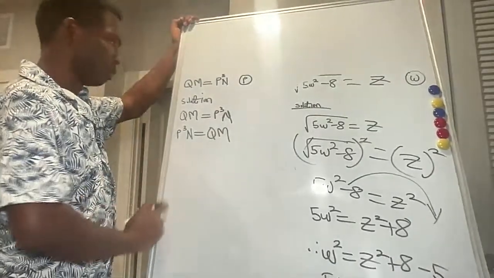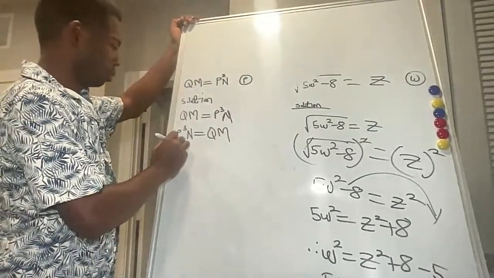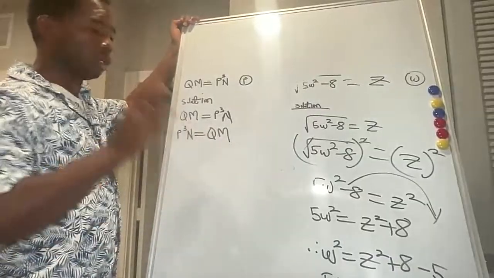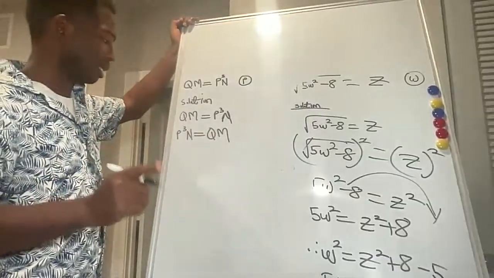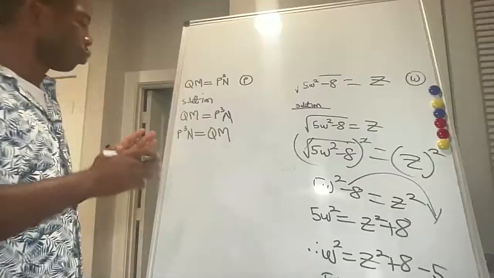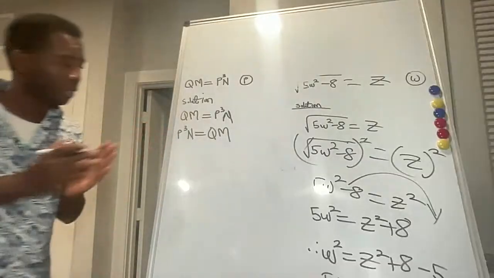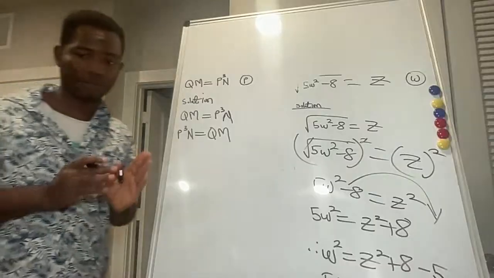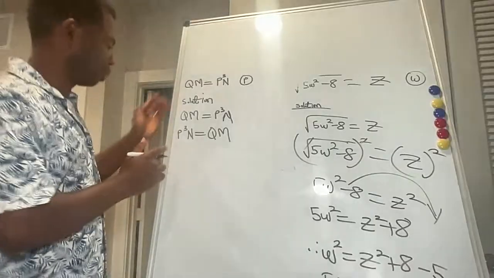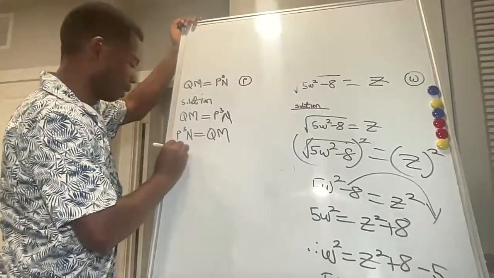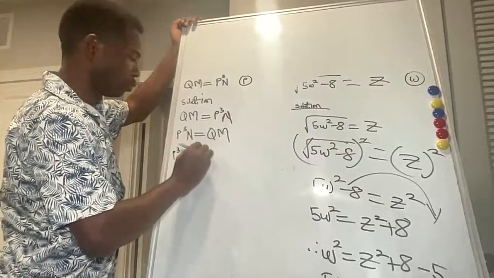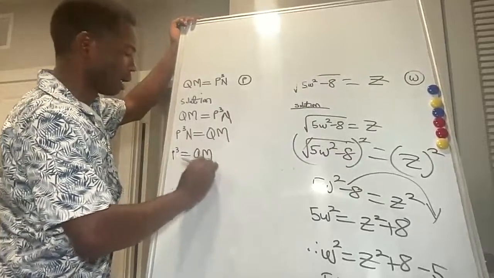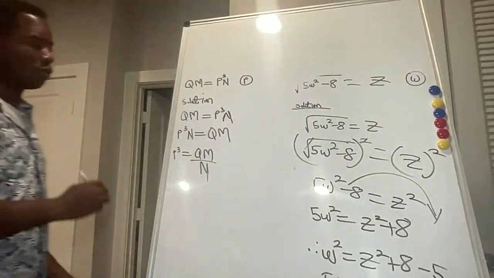So now make P the subject of the equation. You will not take the square root of both sides at this time. What you need to do is separate P, let P stand alone in this equation. That is the first step we need to take. So it will now be P raised to the power 3 is equal to Qn over n.